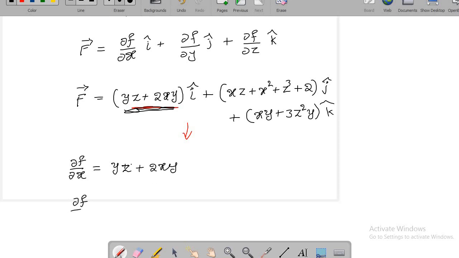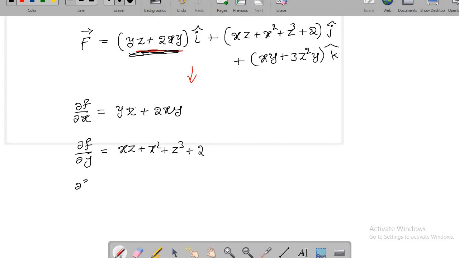Whereas the derivative of f with respect to y, that is the component of j, is xz plus x square plus z cube plus 2. The derivative of f with respect to z is xy plus 3z square y.